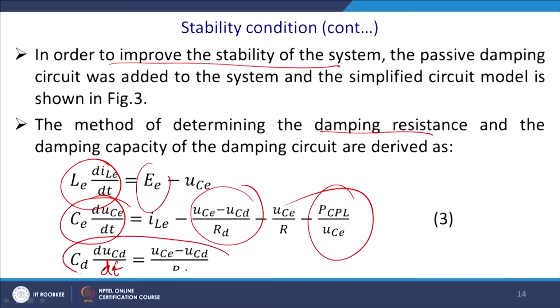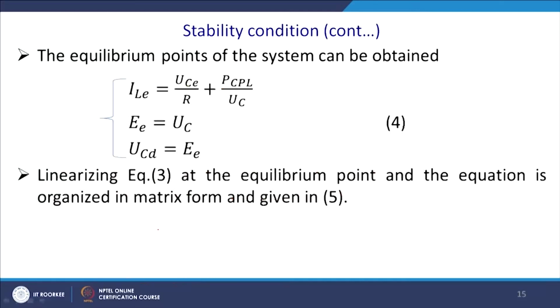So, these are the equations you have, and from the equilibrium point of view we can find, by solving those equations, that I equal to Uc by R plus P_CPL by Uc, and Uc equal to Ucd equal to E. Linearizing these equations at the equilibrium point, the equation is organized in matrix form and given in the file.